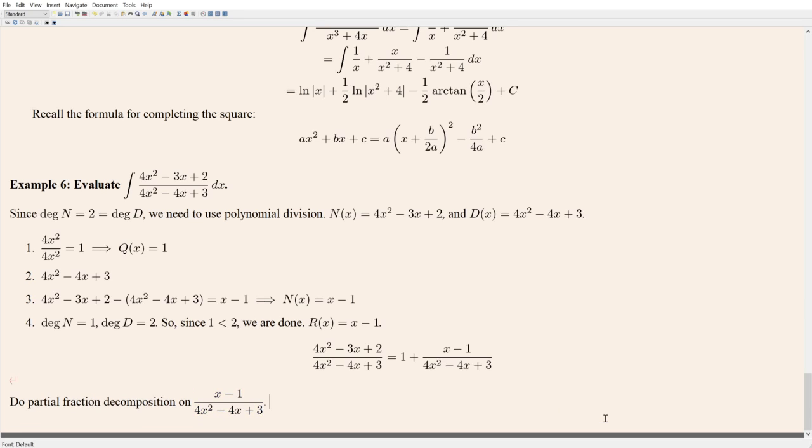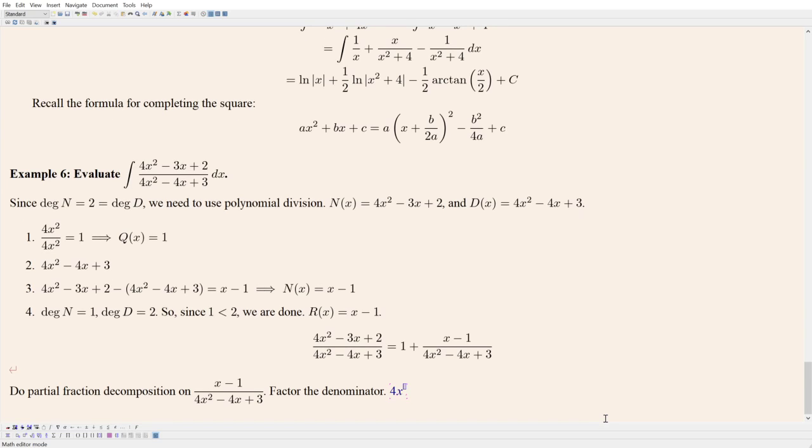Okay, so factor the denominator. So 4x squared minus 4x plus 3.